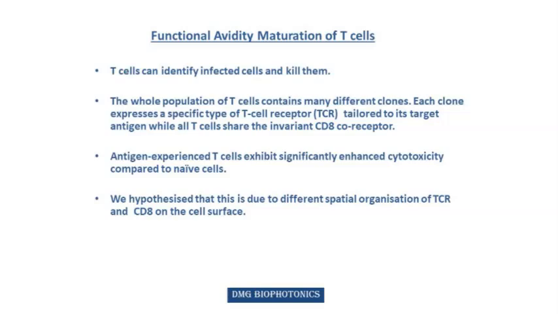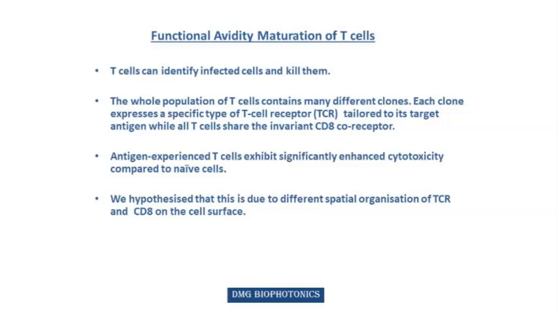A long-standing observation showed that antigen-experienced T-cells exhibit significantly enhanced cytotoxicity compared to naive cells, yet the underlying mechanism remained unclear. We hypothesized that this is due to a reorganization of TCR and CD8 on the cell surface.